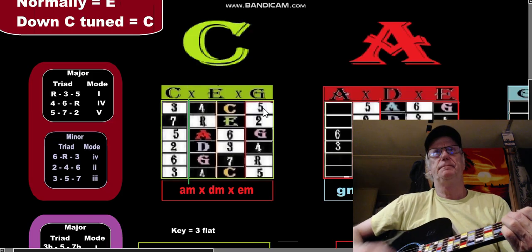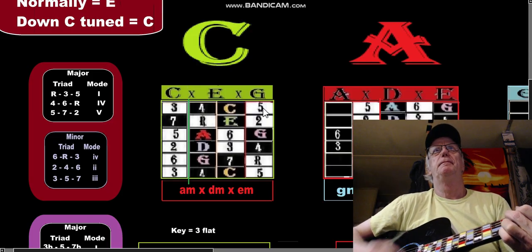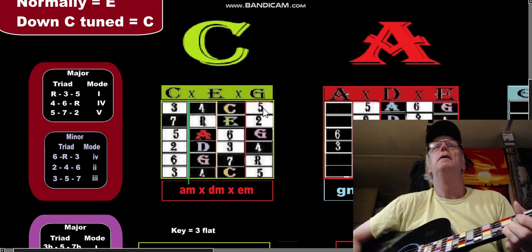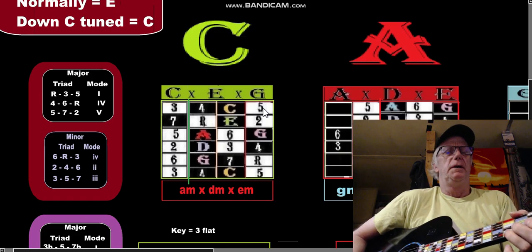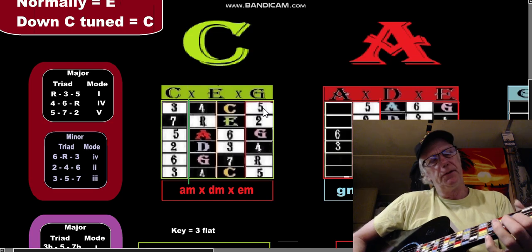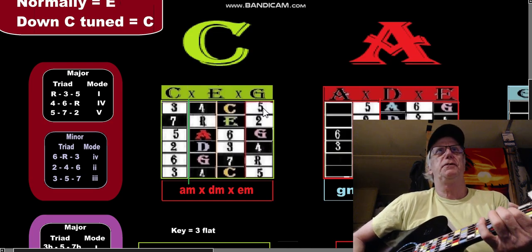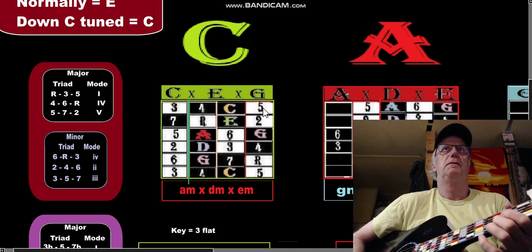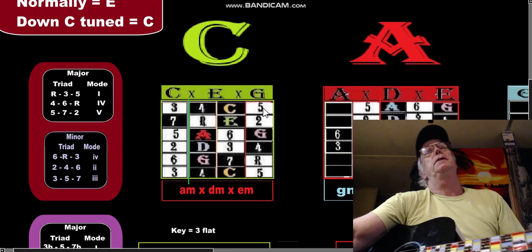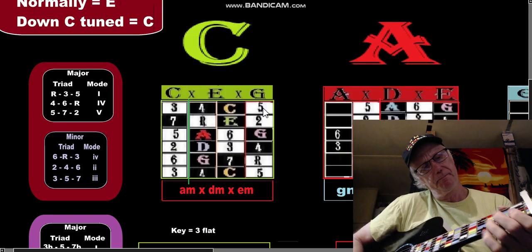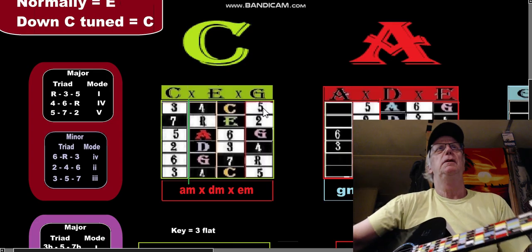Okay. The pentatonic: 5, 3, 2, 7, 6, 5, 2, 3, 7, 6, 5, 3. So you put the three pentatonics together and you get, okay, that's how that works.